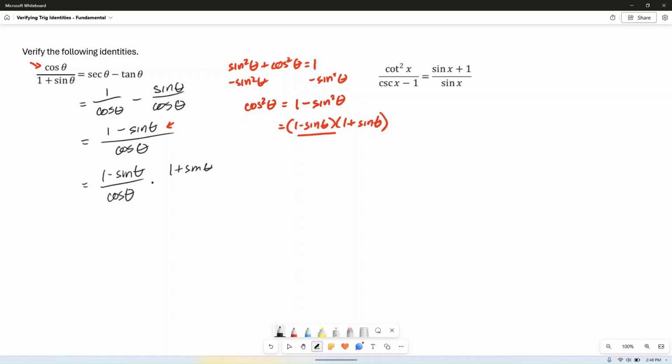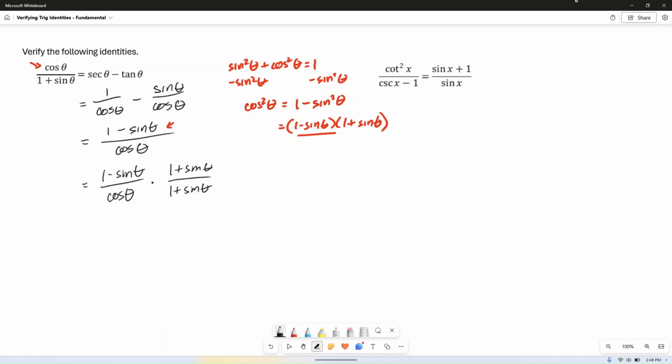Well, whatever I do in the numerator, I also have to do in the denominator, just like when finding a common denominator. So I'm going to multiply 1 minus sine theta over cosine theta times a 1. That 1 is going to look like 1 plus sine theta over 1 plus sine theta.